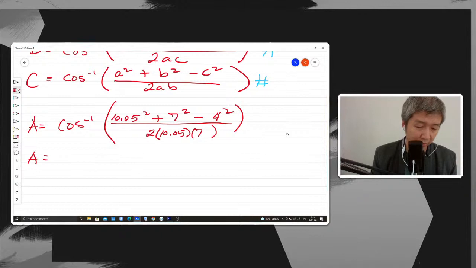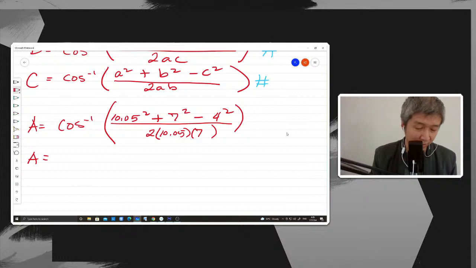Minus 4 squared, all over 2 times 10.05 times 7. Oh, why syntax error? 17.75.